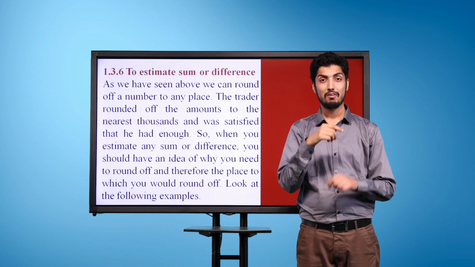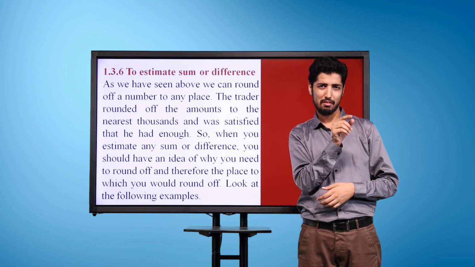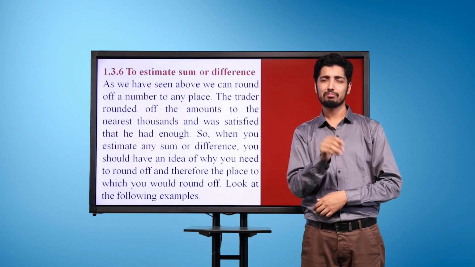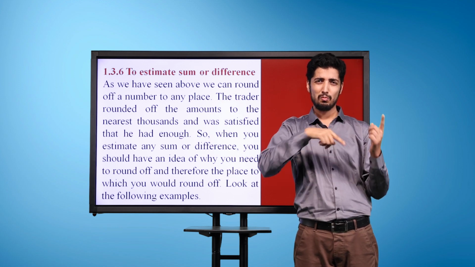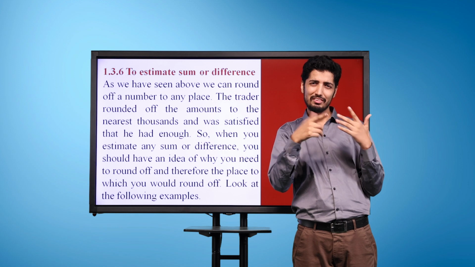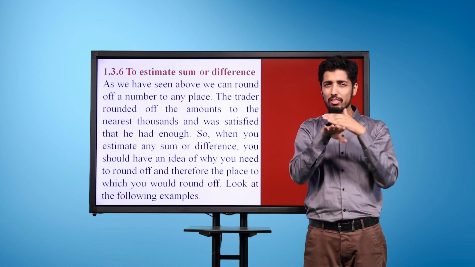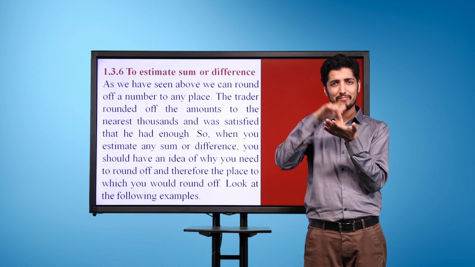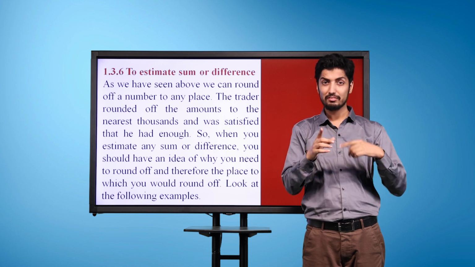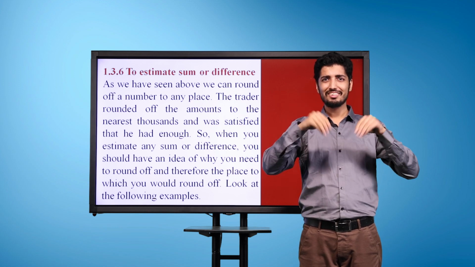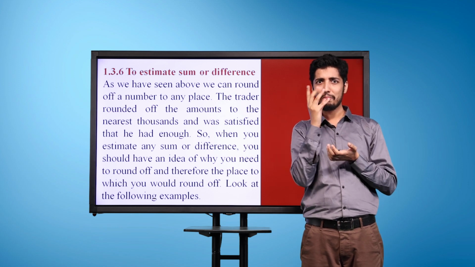(1.3.6) To estimate sum or difference. As we have seen above, we can round off a number to any place. The trader rounded off the amounts to the nearest thousands and was satisfied that he had enough.